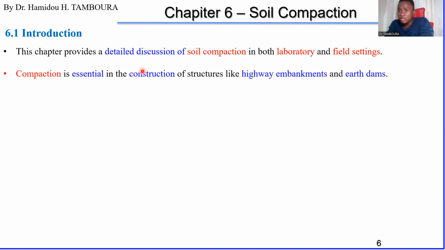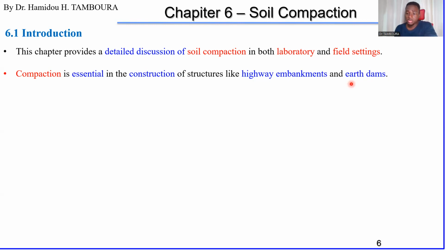So this chapter is very important because compaction is essential in construction of some structures. Actually, for almost all structures, it's important to understand compaction. Here it's saying highway embankment and earth dam, but actually it's more than that.